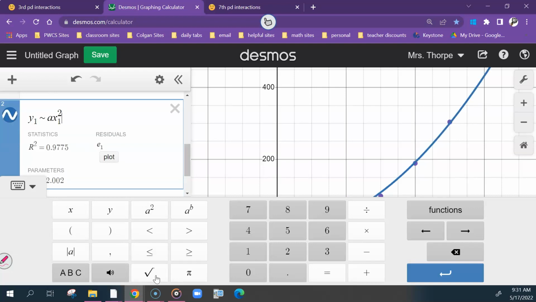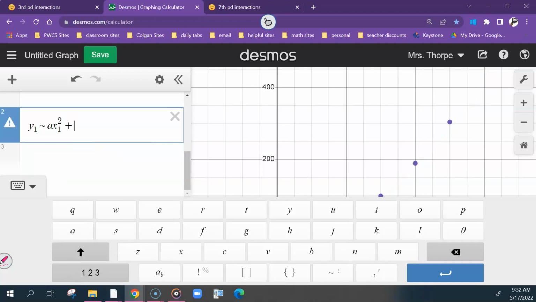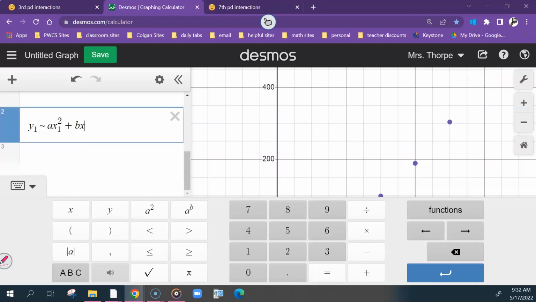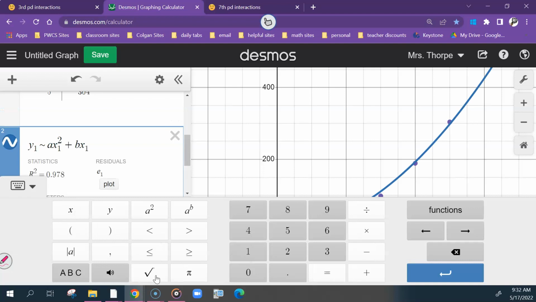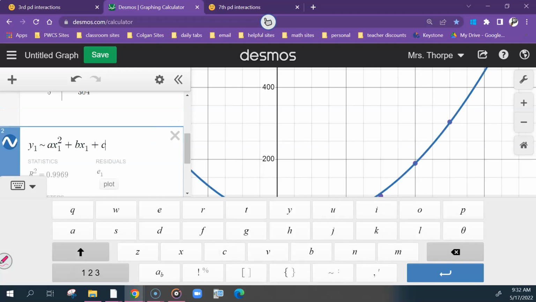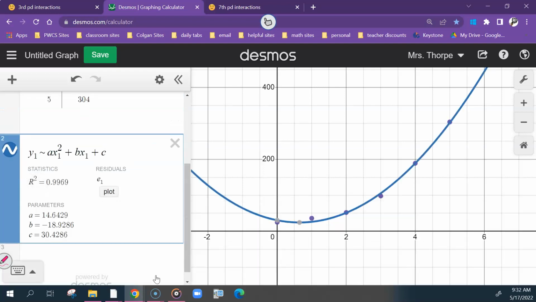I'm just typing those in order: I type A, I hit X, I hit 1, I hit squared, and it does that format for me. Plus B x1 plus, and then I get this. I would say try to put as many decimals as possible if you get decimals, because the fewer decimals you have, the less accurate you could get.